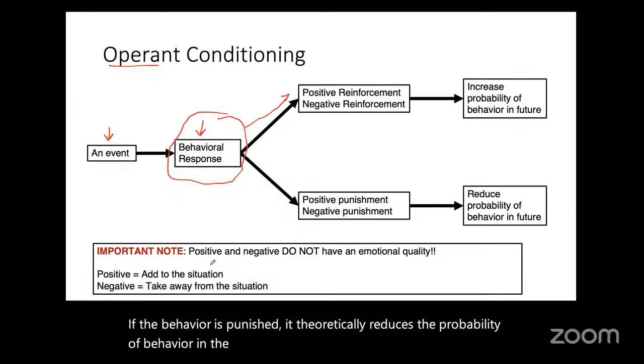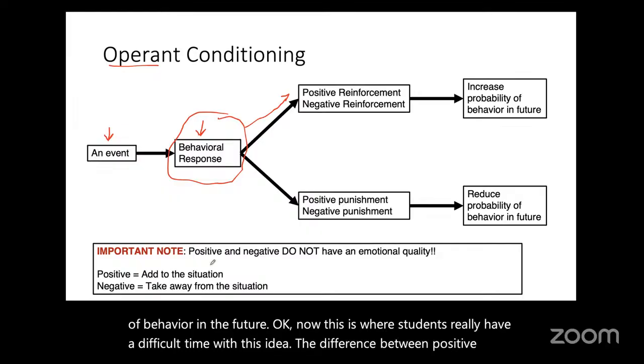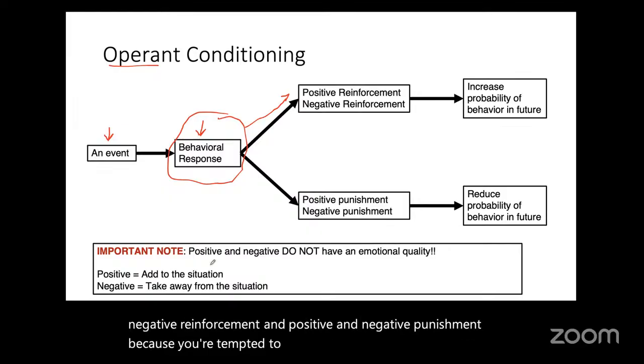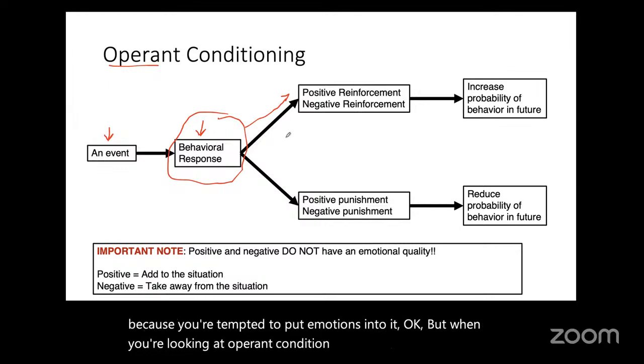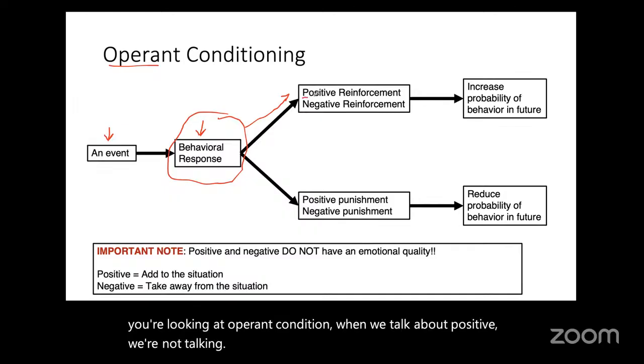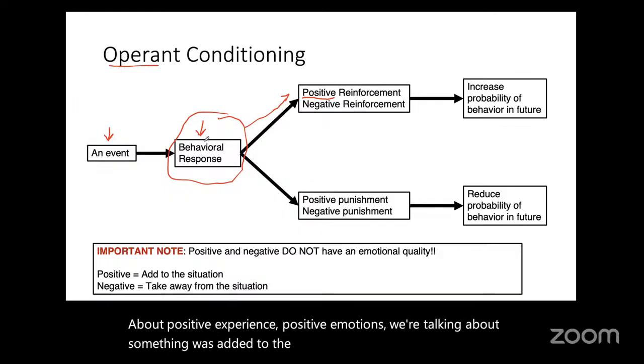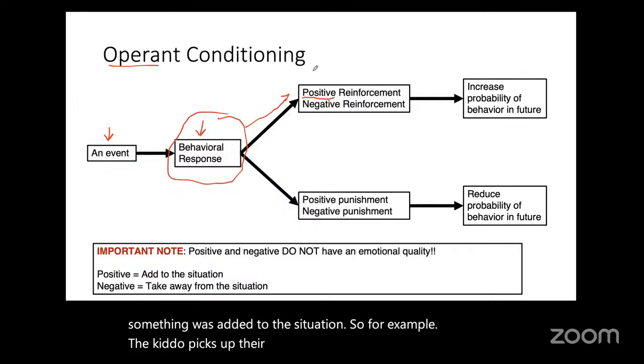Okay. Now, this is where students really have a difficult time with this idea, the difference between positive, negative reinforcement and positive and negative punishment, because you're tempted to put emotions into it. Okay. But when you're looking at operant conditioning, when we talk about positive, we're not talking about positive experience, positive emotions. We're talking about something was added to the situation. So, for example, a kiddo picks up their toy, mom gives the child a treat.